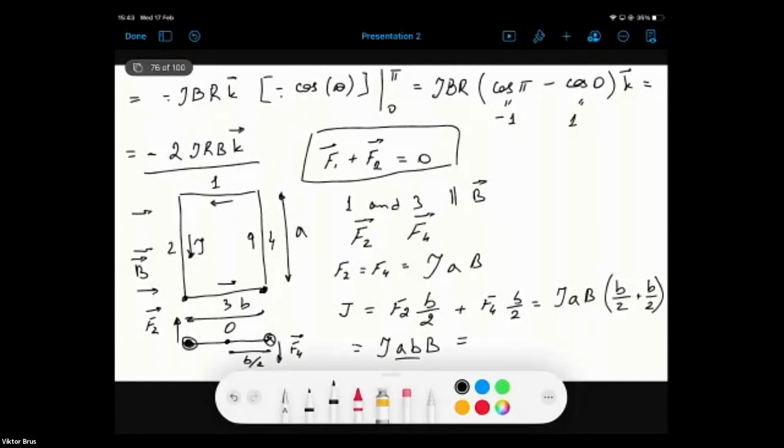So the torque with respect to the point O will be determined as the product of the electric current flowing through this loop, its area, and the strength of the magnetic field.